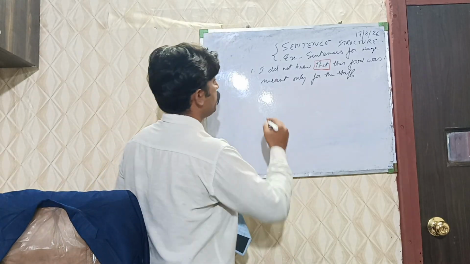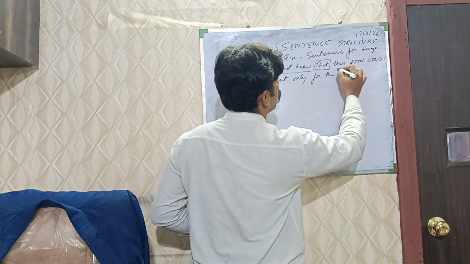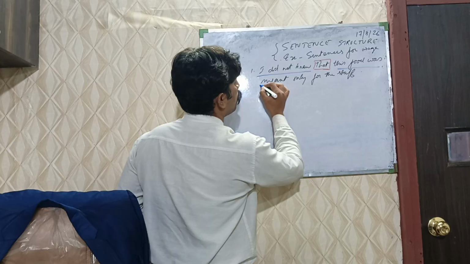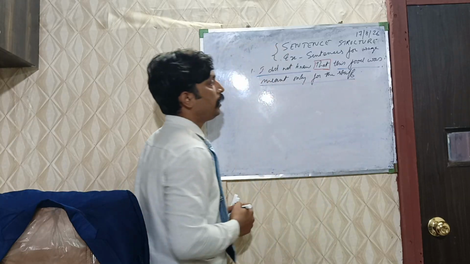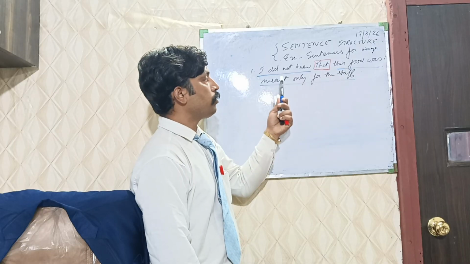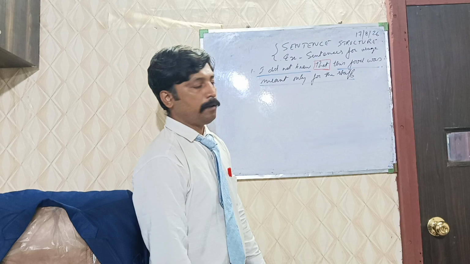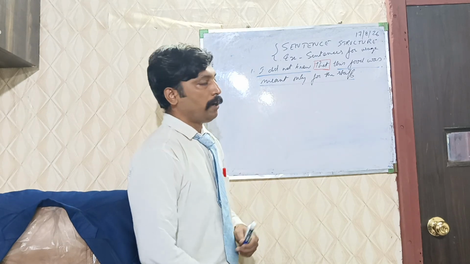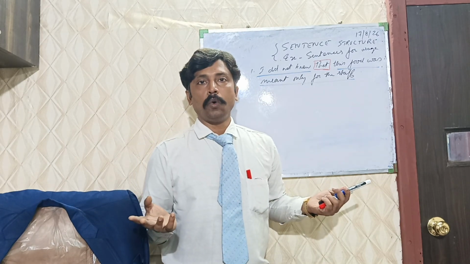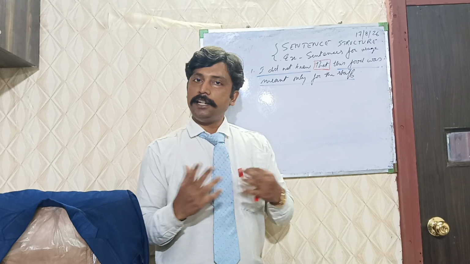If you can see over here, one part of the sentence is I did not know, another part is that this food was meant only for the staff, right? So what is happening over here? One part is supported by the other part. If you say to someone directly, I did not know, I didn't know, right? So it can be an independent clause.